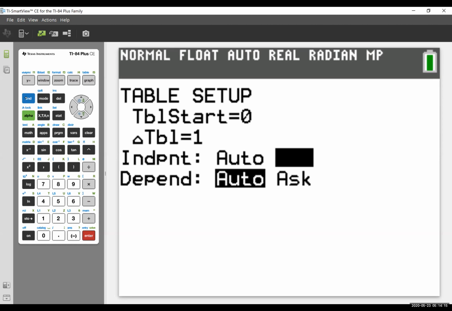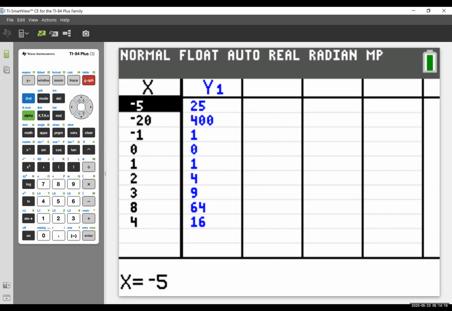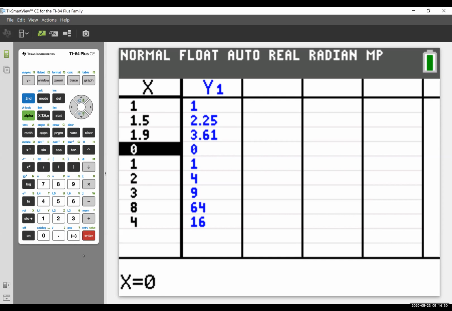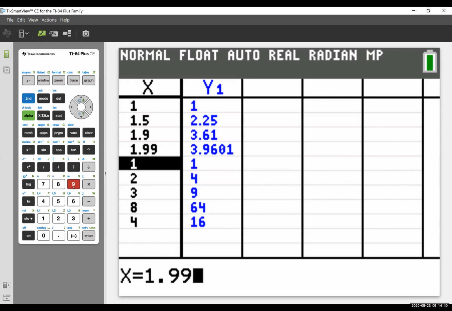So let's go back to the table. I'm going to press second graph one more time. And I'll enter in all of the values. X equals 1, x equals 1.5, x equals 1.9. You notice the values are coming in pretty fast. X equals 1.99. And I have one of the other values, 1.999.